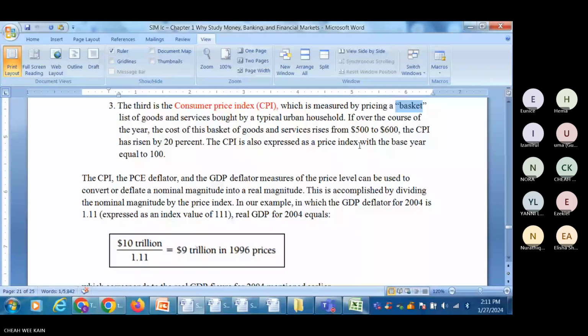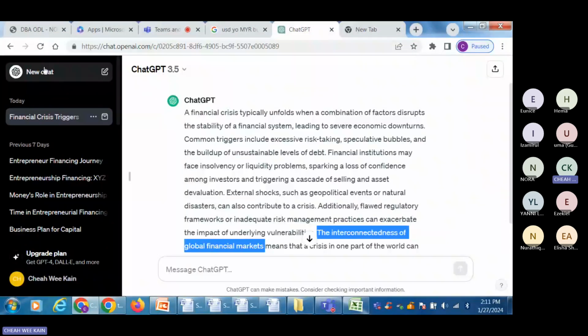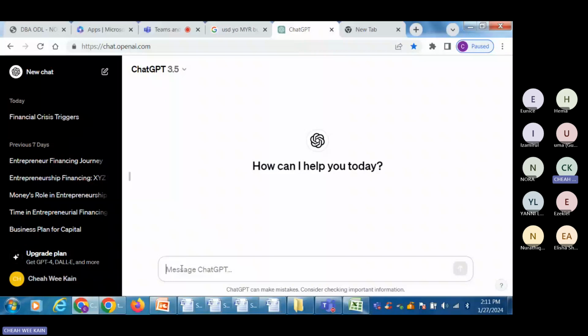ChatGPT. Okay, new chat. Okay, what are in the basket for Malaysian consumer price index?